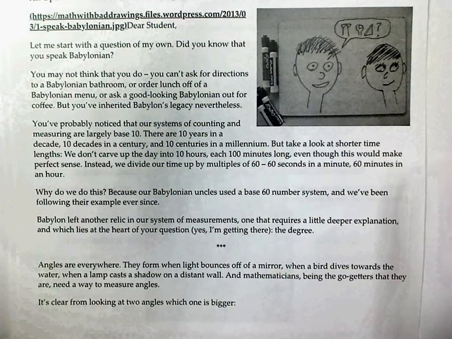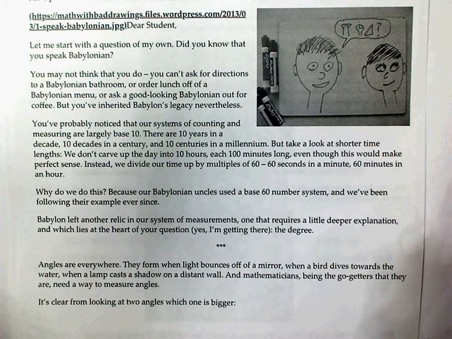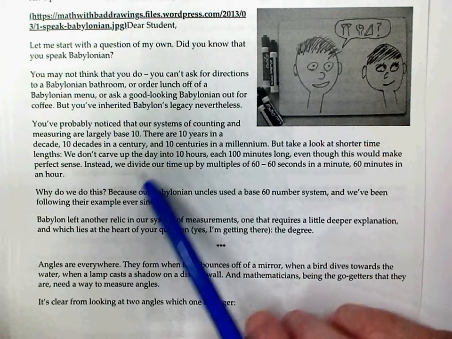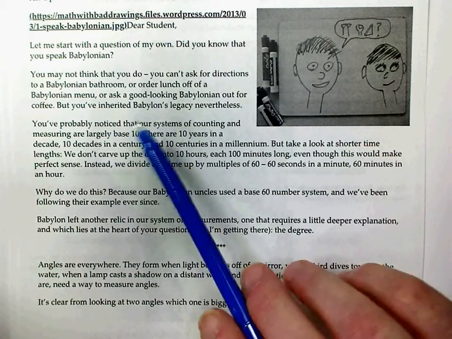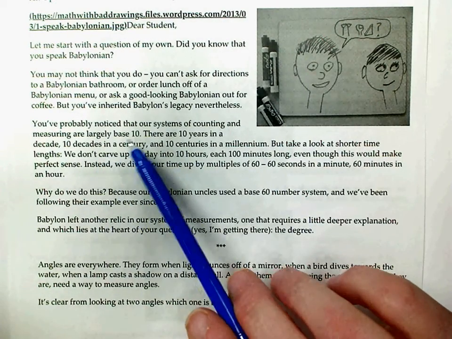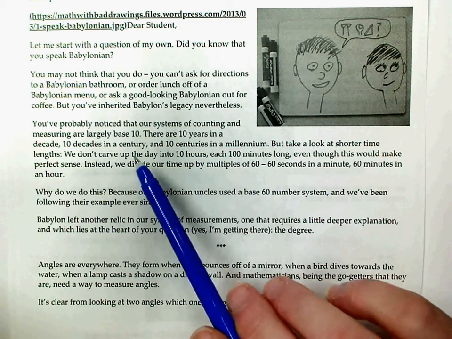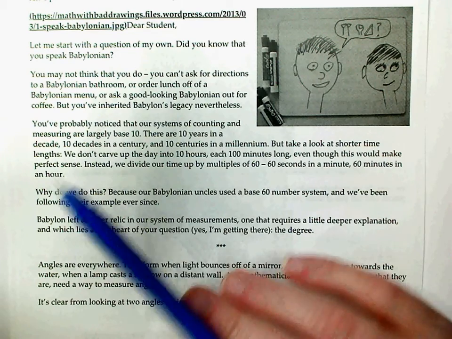And so we don't really think that we speak Babylonian because we don't know any words in that language. But you've probably noticed that in our number system, we count and we measure largely based on a base 10 system. So we have 10 years in a decade, 10 decades in a century, 10 dimes in a dollar.